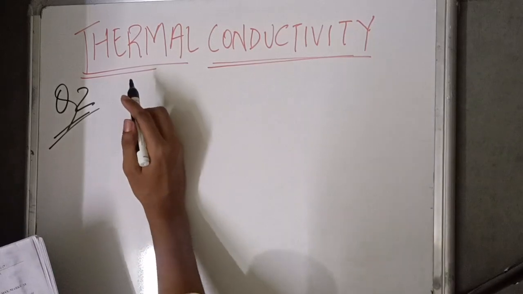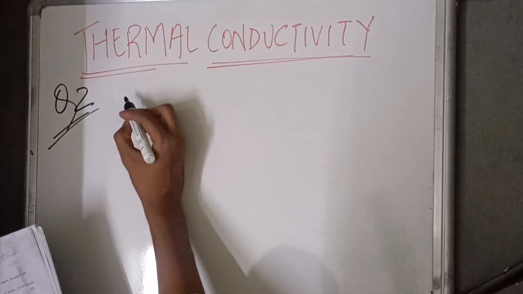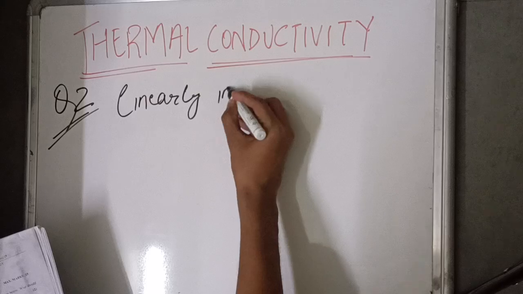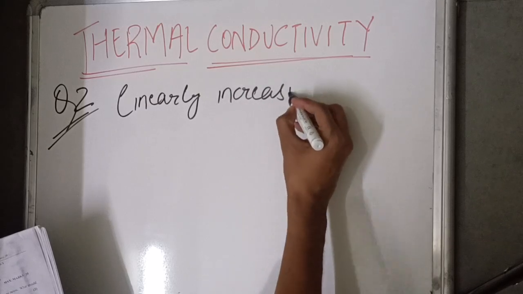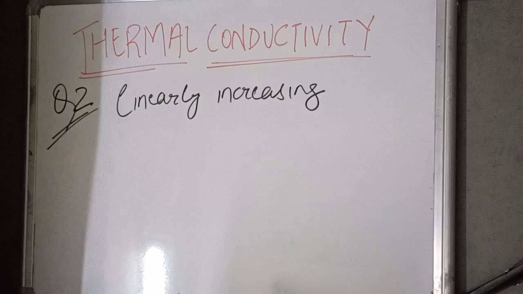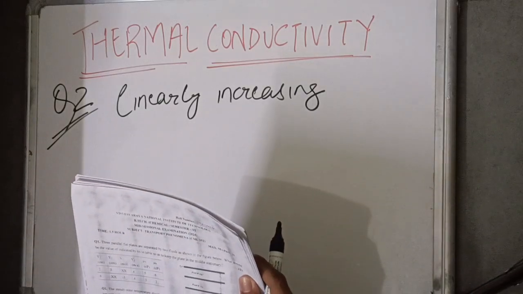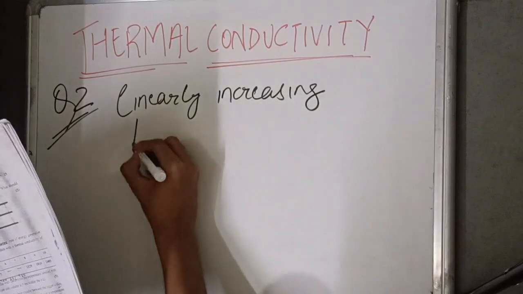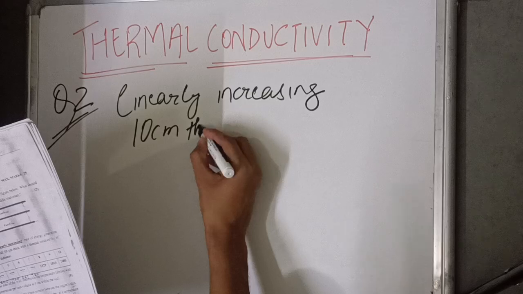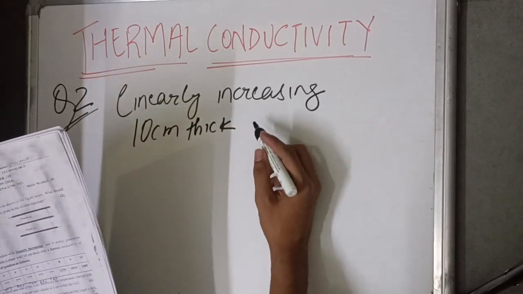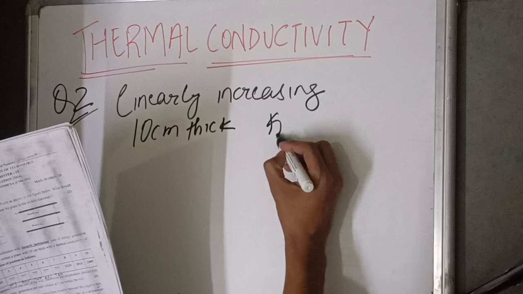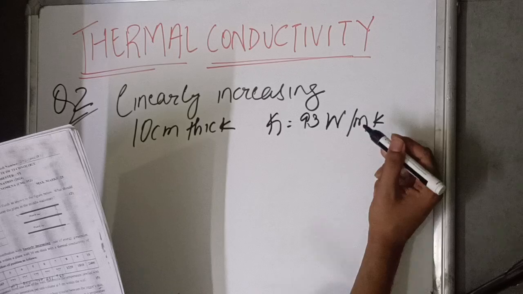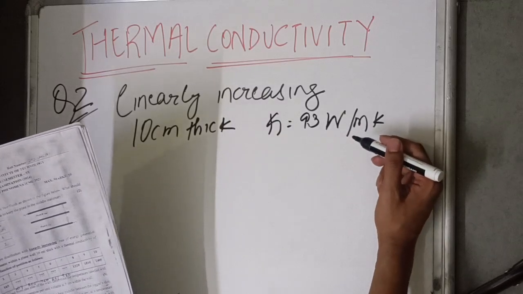It states that the steady state temperature distribution with a linearly increasing rate of energy generation per unit volume within the plate wall, given as 10 centimeter thick with a thermal conductivity of 9.3 watt per meter Kelvin, as a function of position as follows.